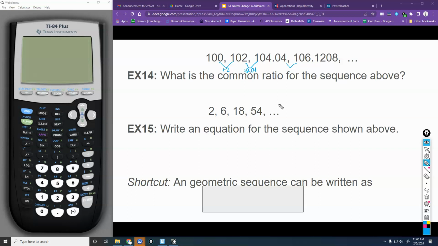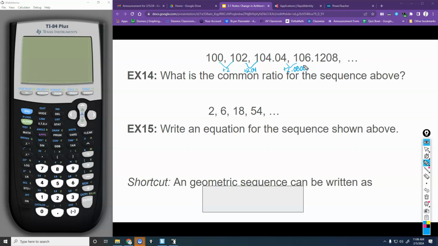Okay, and then if we subtract those, 106.1208 minus 104.04, we go up by 2.0808. So what I should see here is this is not linear, right? We're not going up by the same amount each time.